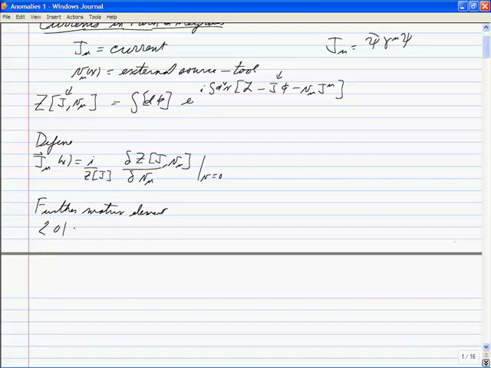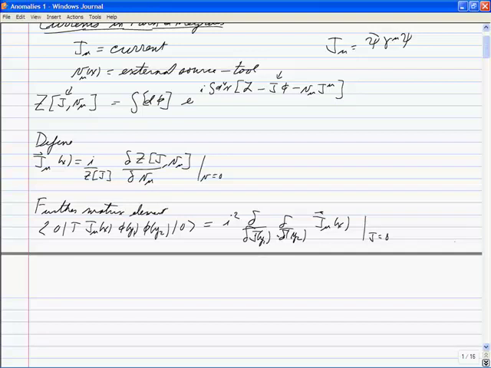Okay, so if I want, for example, the time ordered product of J mu of x, phi of y1, phi of y2, I would take further differentiations, i squared delta delta of J of y1, delta J of y2, of delta V mu of x, and you then set the other J's to zero.